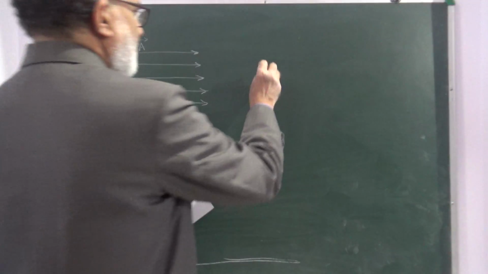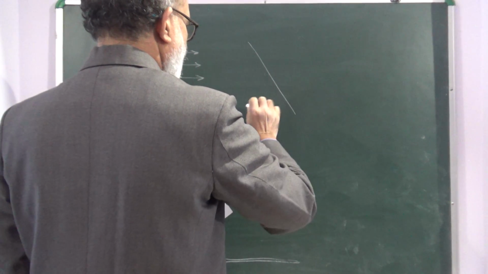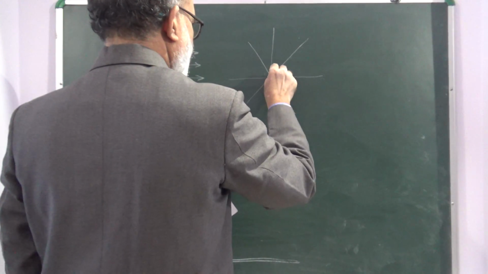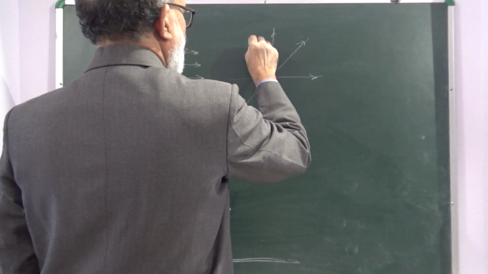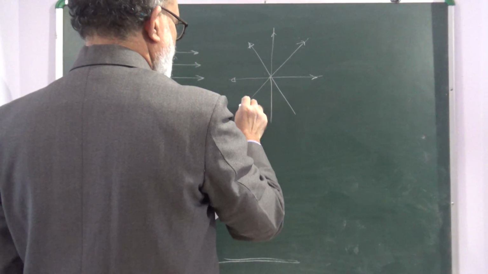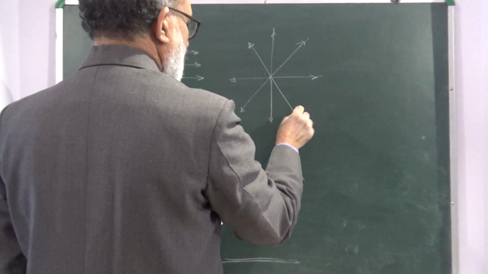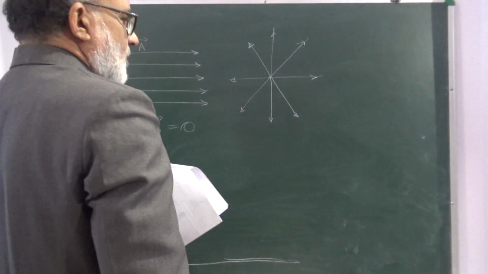Now suppose we have a field like this, radially outward, such as a gravitational field or electrostatic field. Charge is here. The electric field is radially outward.